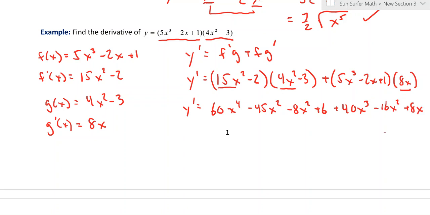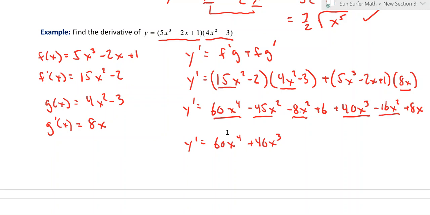And then combining similar terms. We have only one x to the 4th term. We have an x cubed term. I'm going to underline them as I use them. 40x cubed. Then I have a minus 45x squared and a minus 8x squared and a minus 16x squared. So minus 16 and 8 is a negative 24.